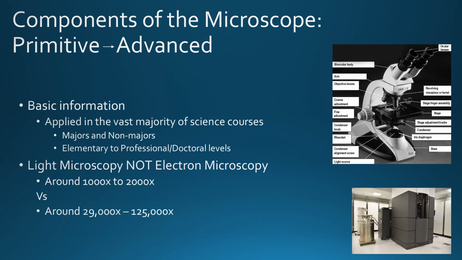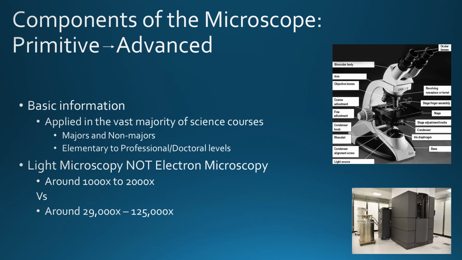Even if you're majoring in business, for example, you might have to take a biology course or an environmental science course as an elective. Microscopes are used from the elementary level all the way up, and if you're looking to become a doctor, you might have to use a microscope.